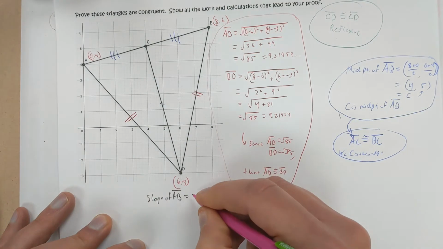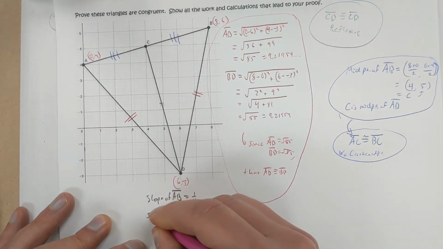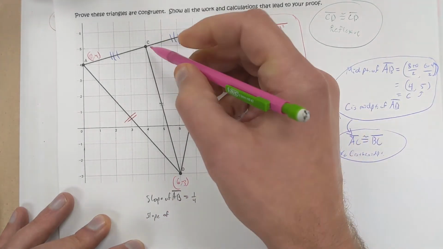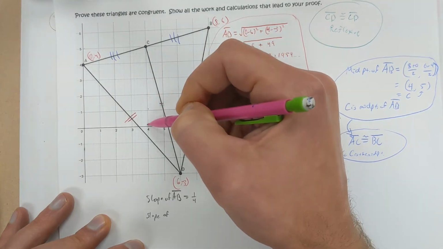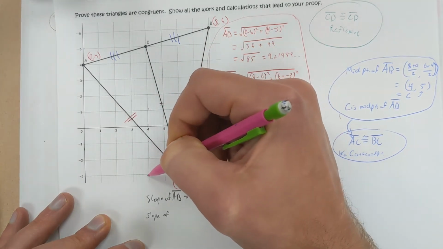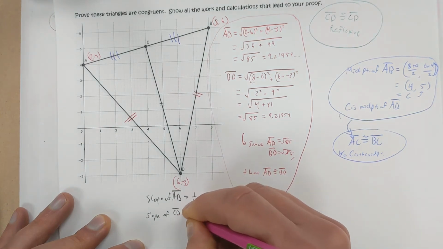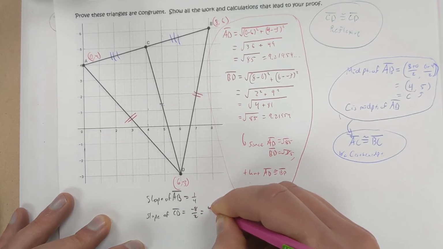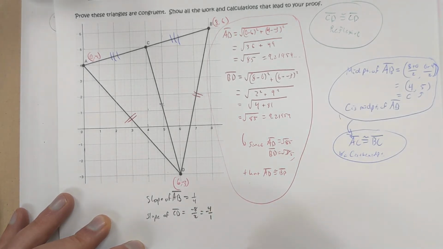Up 1 over 4, so 1/4. The slope of CD: I'm going down 1, 2, 3, 4, 5, 6, 7, 8, and over 2. That's -8 over 2, the same thing as -4 over 1. Hey, those are opposite reciprocals.